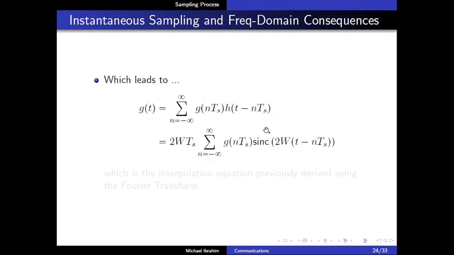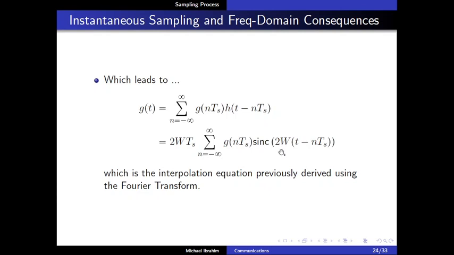H is the sinc function, so we will get the same exact expression we obtained previously, which was the interpolation equation we discussed. Again, the sinc function shifted at 0, Ts, 2Ts, 3Ts, and it has a weight equal to the sample value, which is g of nTs.